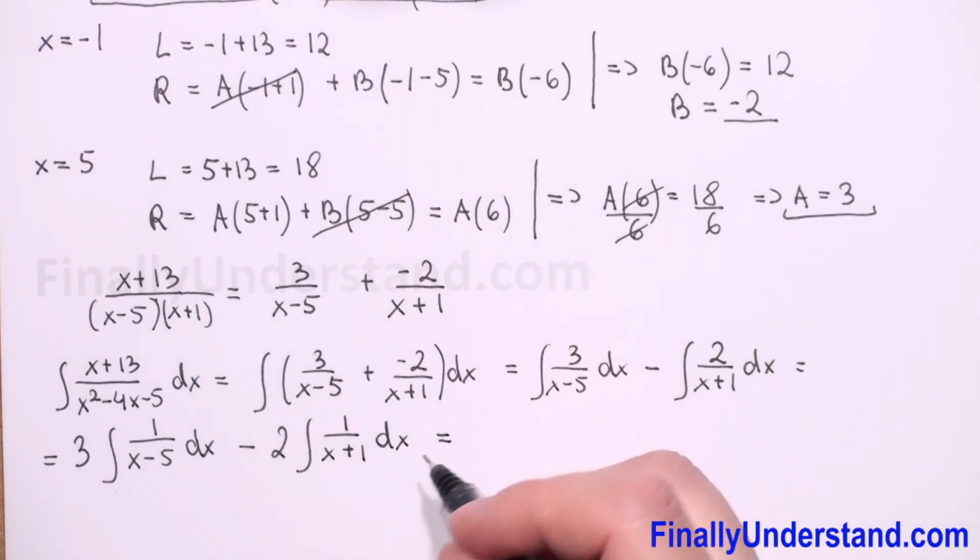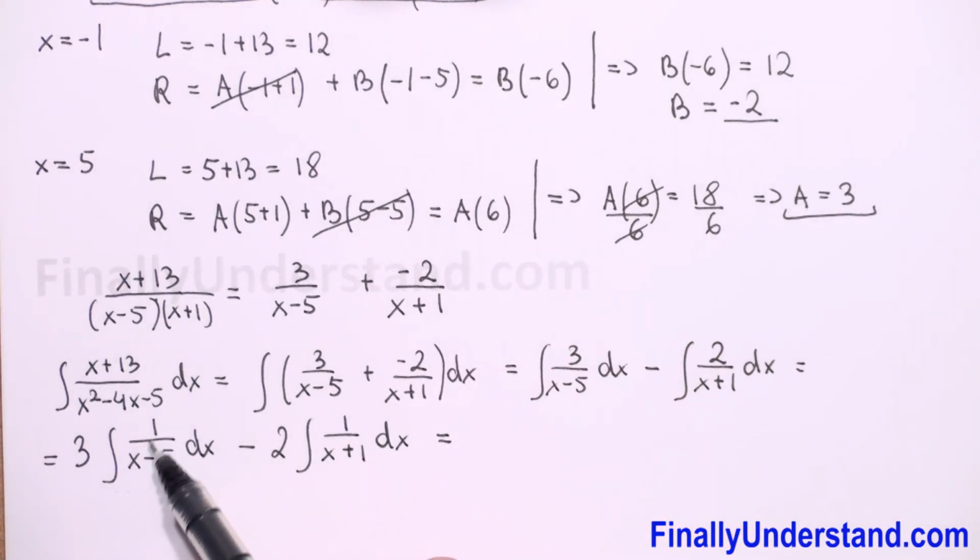We see that in the numerator we have the derivative of the denominator, because the derivative of x is 1 minus the derivative of a constant is 0. So 1 minus 0 is still 1. So we have in the numerator the derivative of the denominator.